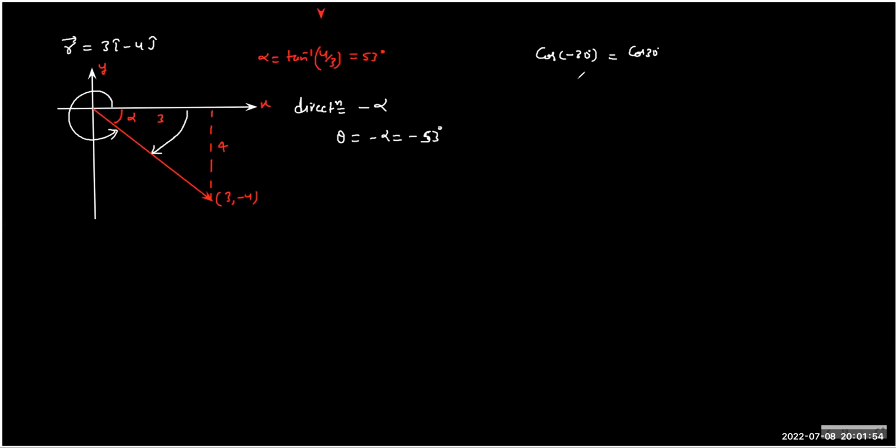Fourth quadrant. And when you learn about the sign convention of the trigonometric ratios in the fourth quadrant, cos is, anyone knows? Cos is positive.